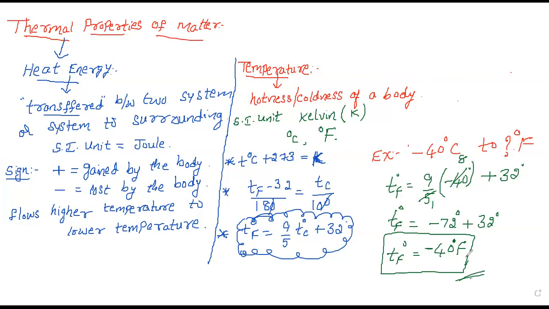So this is how we are going to deal with the concept of temperature. Okay. Now, to explain the drawbacks in the case of thermometers. There are some drawbacks in thermometers because of the expansion of liquids.